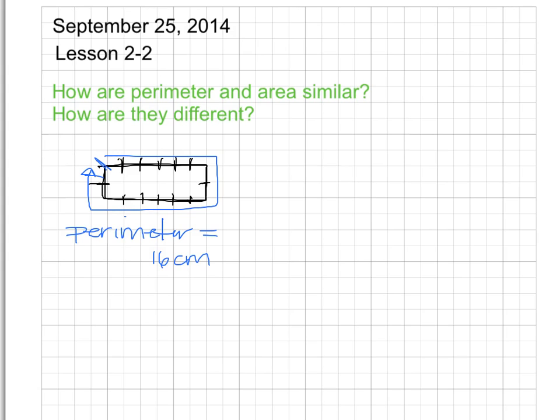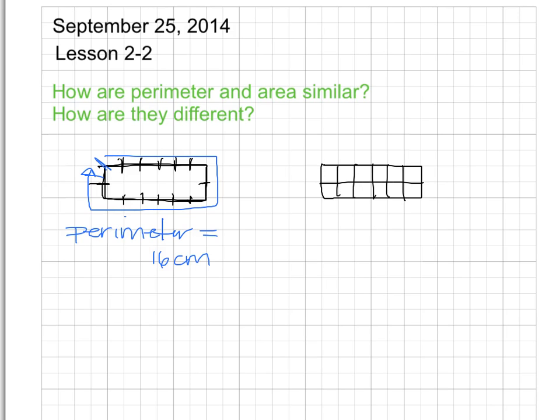Now, if we want to look at perimeter's friend area, we're going to draw that same rectangle, 2 by 6, and this time we're going to break it off and chunk it into square units, or in this case, square centimeters.